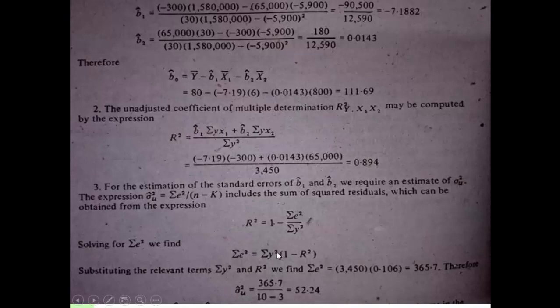We already calculated summation y square, and we have R square as 0.89. Putting these values in, we get summation ei square as 365.7. Then put it in the formula for sigma square u, and we get sigma square u as 52.24.